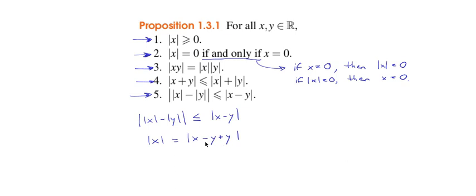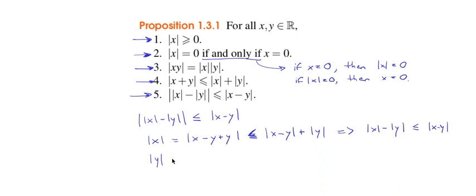Okay, and this we apply property 4, and this is smaller or equal than |x − y| + |y|, right? And so if we subtract the absolute value of y on both sides, we have |x| − |y| is smaller than |x − y|.